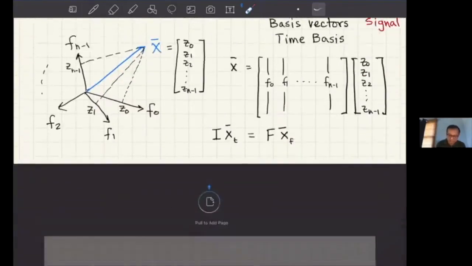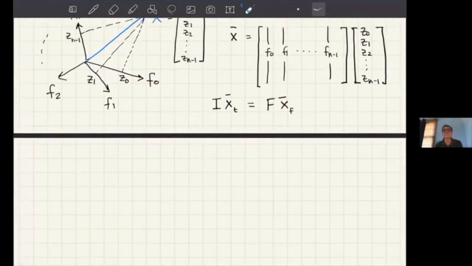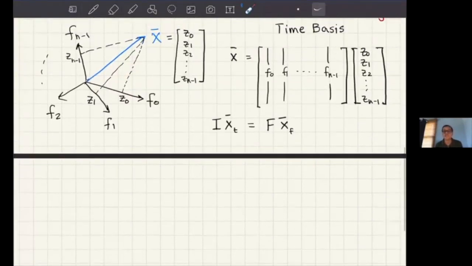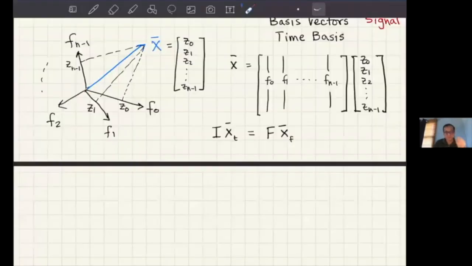Let's now look at how we can derive the Fourier transform once we look at it as nothing but a change of basis from the time domain basis to the frequency domain basis. Okay.